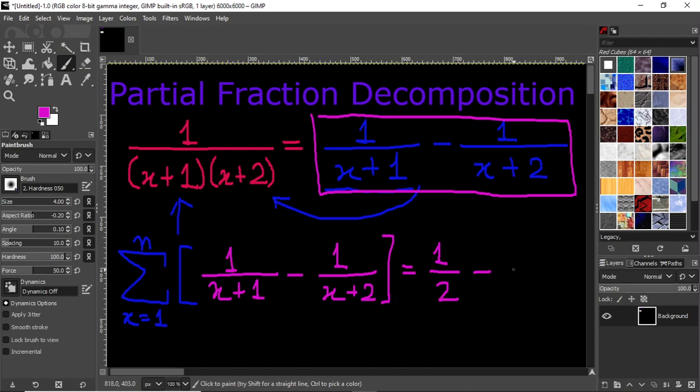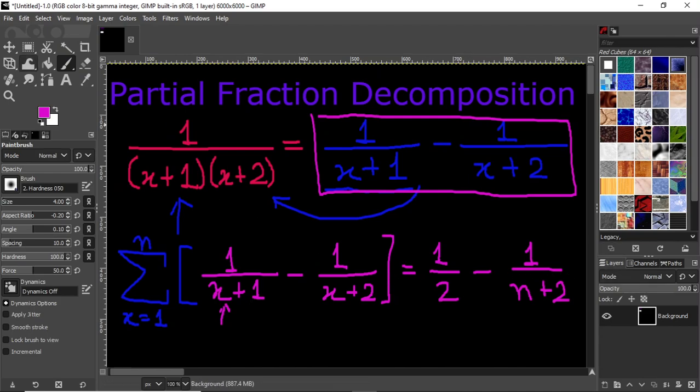And I really encourage you to try it yourself. Expand, write down a few terms of this sum, and you'll see that everything cancels out except the leftmost term and the rightmost term. The first bit of the first term and the last bit of the last term.